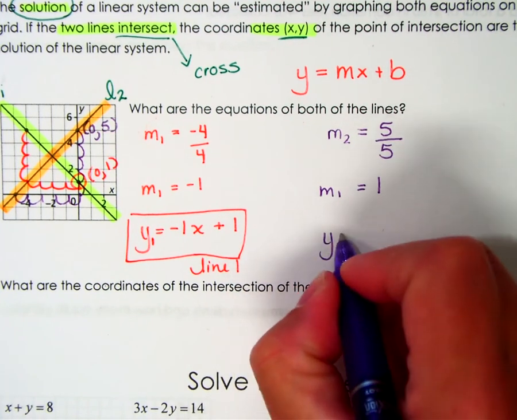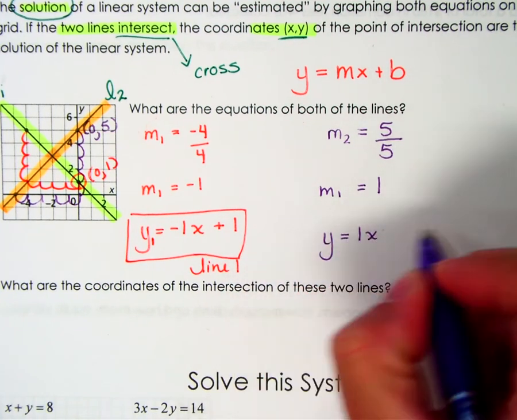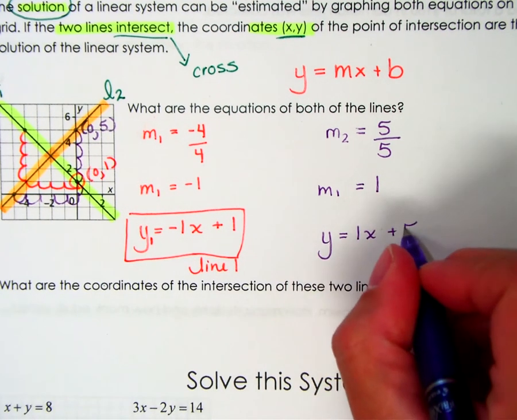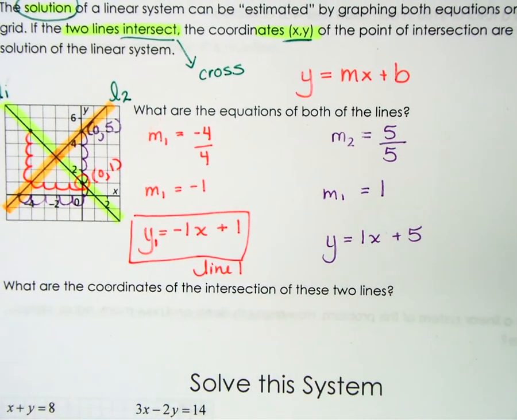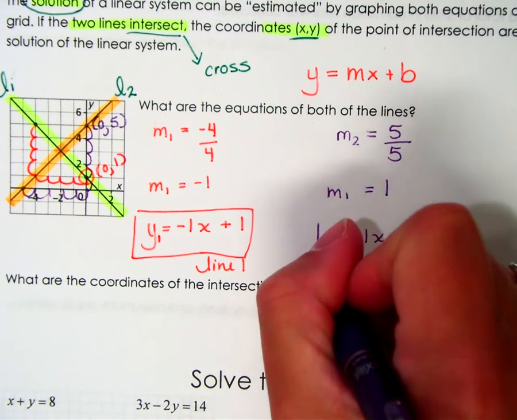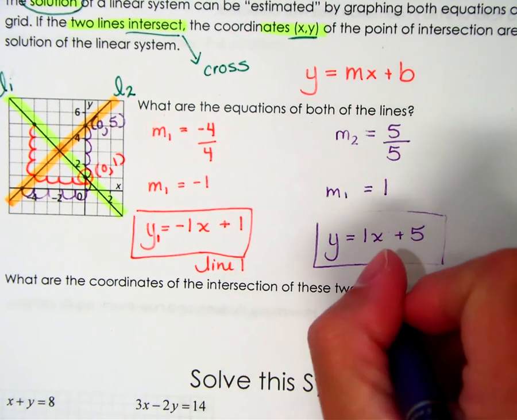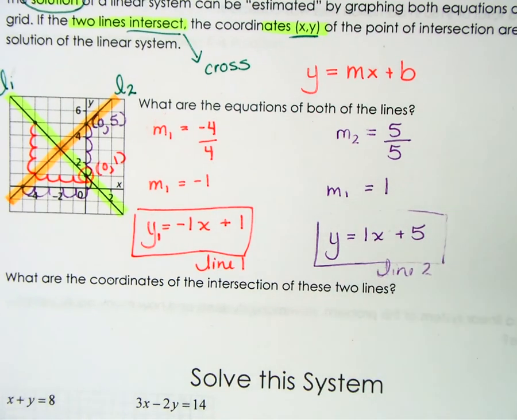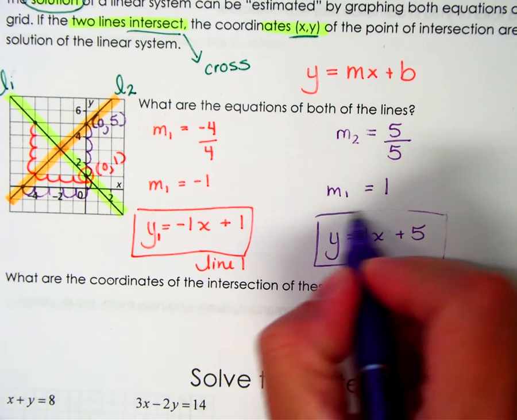So my equation is going to be y equals positive 1x, and my intercept was at a positive 5, so add 5. Do I need to write that 1 there? No. I don't need to. I'm going to leave it there, but I didn't need to write it. Ooh, my pen's running out. So that's the equation for line 2.